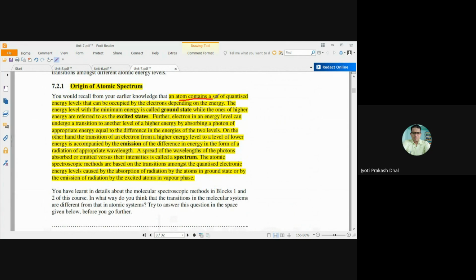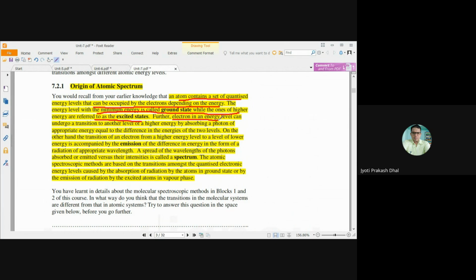An atom contains a set of quantized energy levels. We already know that in an atom there are different quantized energy levels, K, L, M, etc., that can be occupied by the electrons depending upon the energy. The energy level with minimum energy is called the ground state, while those with higher energy are referred to as excited states.